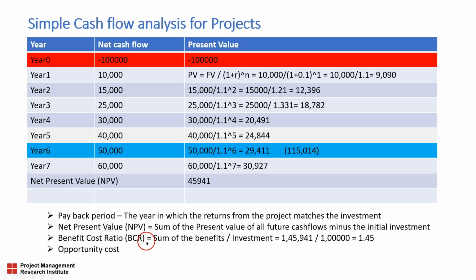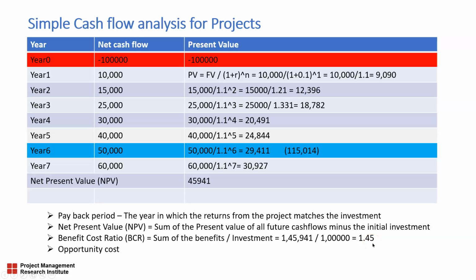Then the benefit cost ratio is the sum of the benefits divided by the investment. If I add up all the benefits of the project from year 1 to year 7, that comes to 1,45,941, and I divide it by the initial investment, that gives me 1.45.